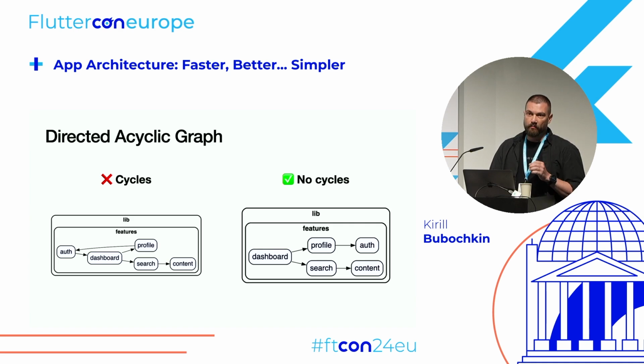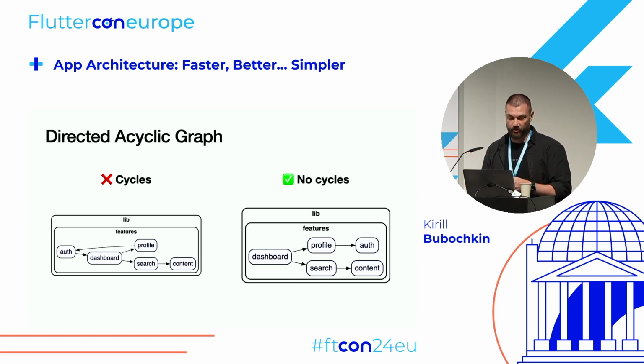One of the most important things to look for is the absence of cycles. Your dependencies should form a directed acyclic graph. Why is it important? Having cycles turns modules within a cycle into one big module.